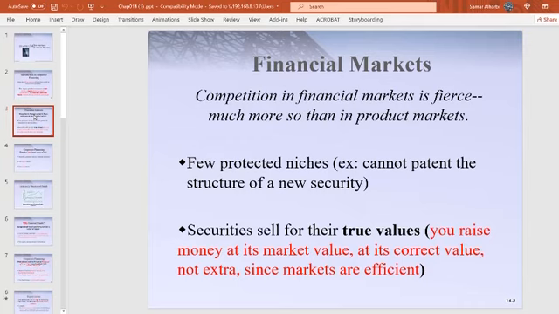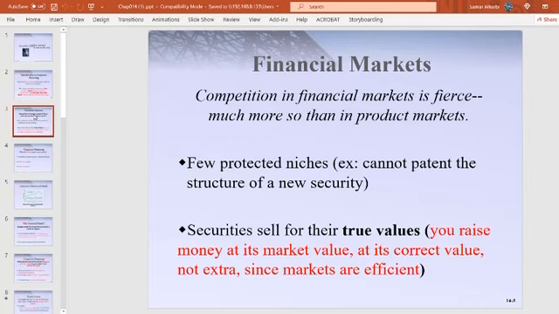No one can copy it. It's not allowed. Like for example, if Adidas has new shoes, no one can copy them unless they get the patent from Adidas. But in the financial market, when you have a new instrument or a new security, there is no patent. Everyone can do the same. That's why the competition is very high in the financial market.